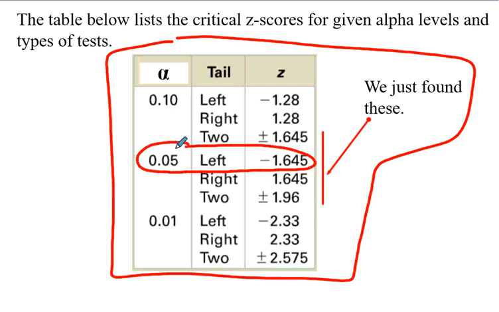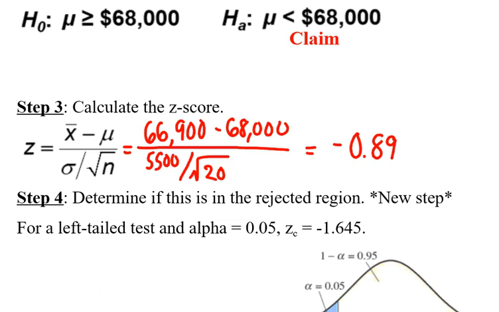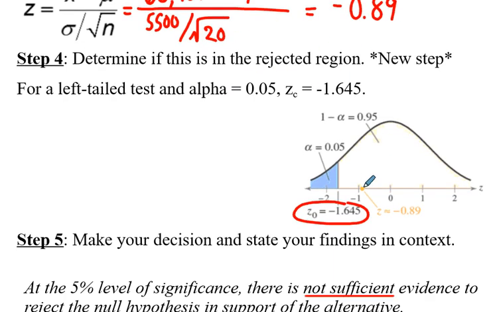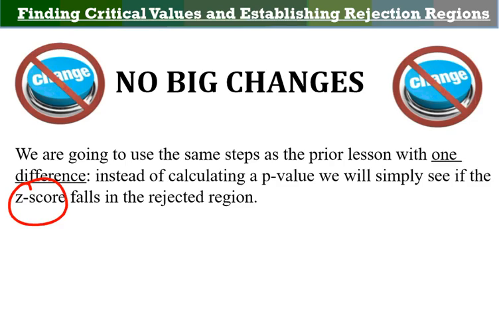We need to have a z-score that is less than that, but our z-score is not less than that. It is negative 0.89. You'll see it right here. So you'll see we fall in the non-rejection region. So, determine if we are in the rejection region. We are not. I should say, not we, this falls in the, what did they call it?